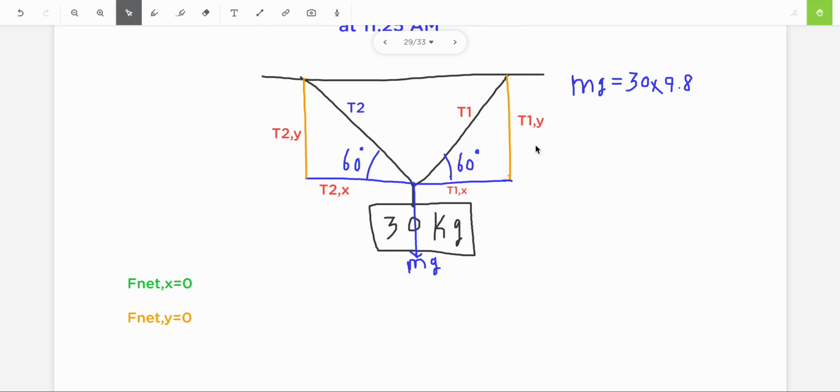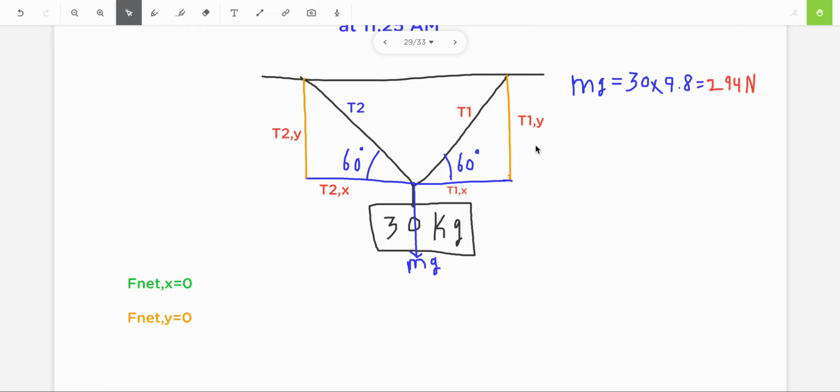Yes, it's 294 newtons. I can just write it there as 294 newtons.